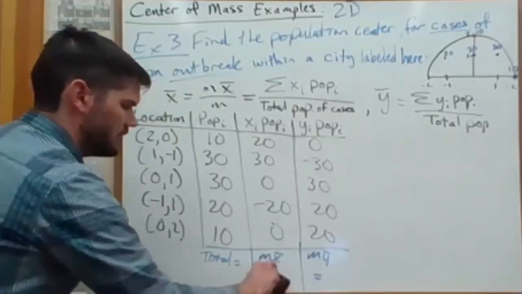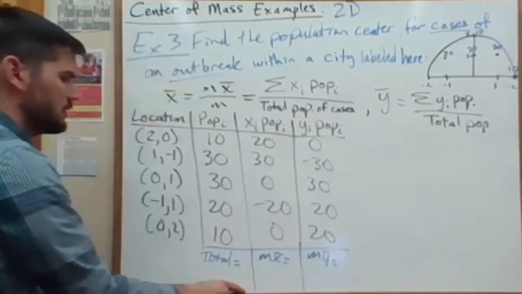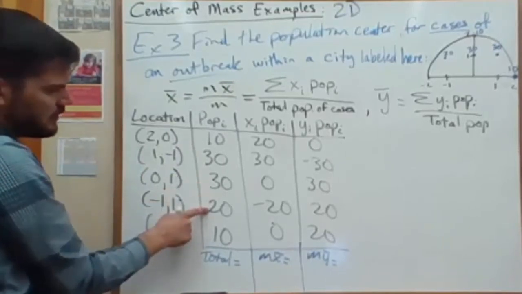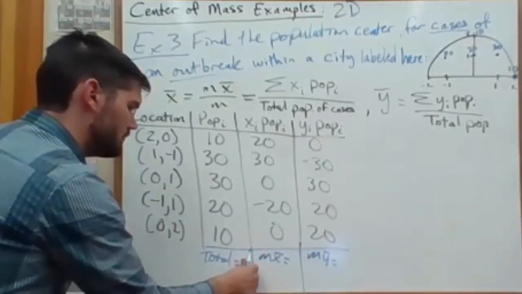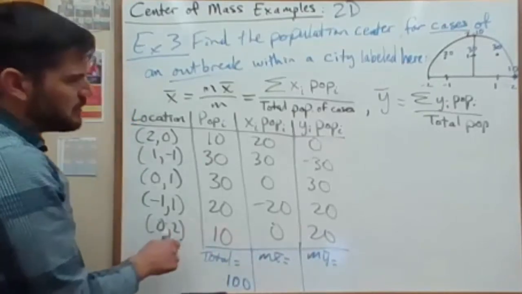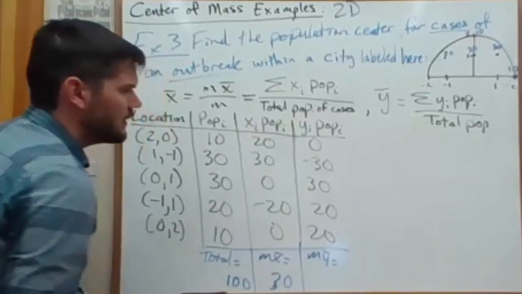Put it right there. So the total, adding up, we get 100. Mx bar, we get 20 minus 20, that's just 30.